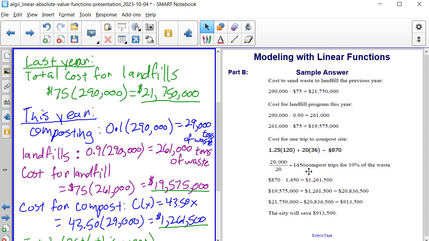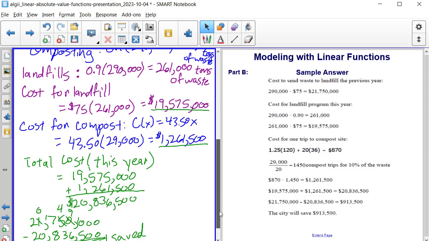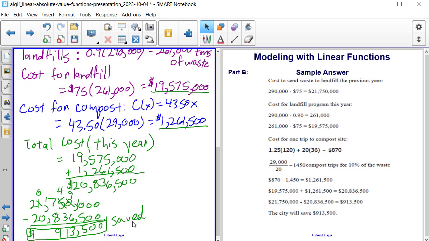And they found that to be 1,450 compost trips for 10% of the waste. And then they took the cost for each trip and multiplied it by 1,450 and got the same cost for compost that we did, $1,261,500. Then they added up the costs for this current year and got $20,836,500, and they subtracted and got the same dollar amount that the city will save, which is $913,500.